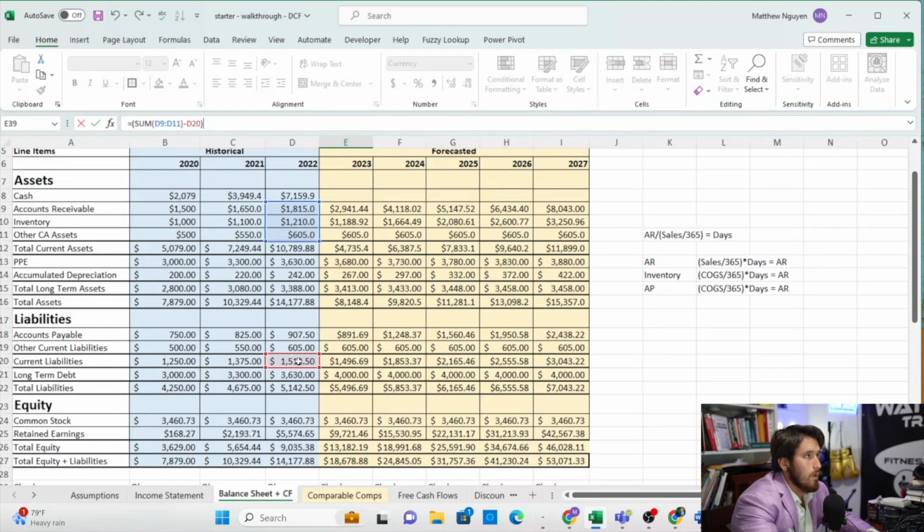And then we'll subtract that out from this year's sum of current assets minus our current liabilities. That should get us the change in our net working capital.